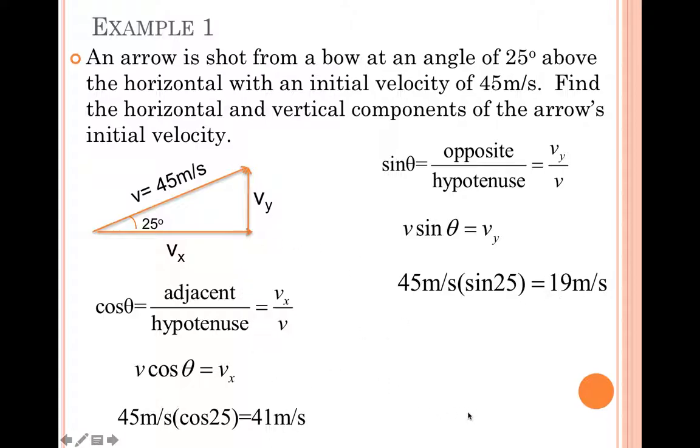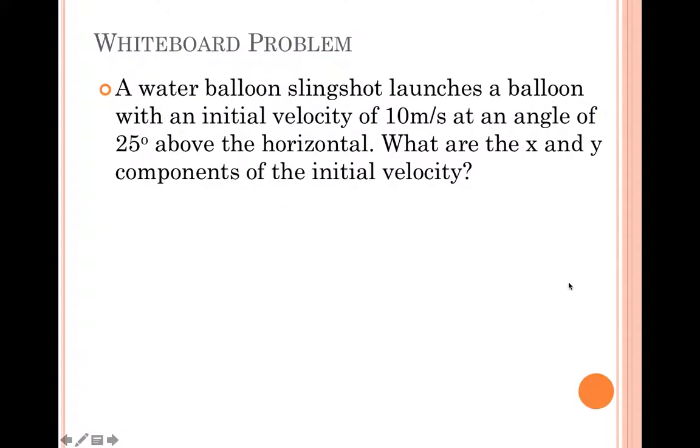That's a logic check to make sure that you've done these correctly and that you haven't switched the sine and cosine. If this was at an angle like this, then more of the initial velocity would be in the y direction, and the y direction value would be much larger than the x direction value.